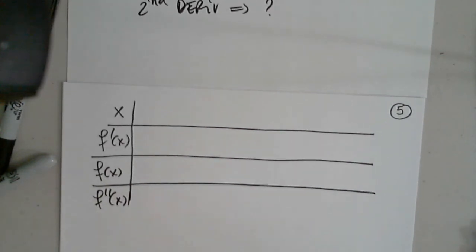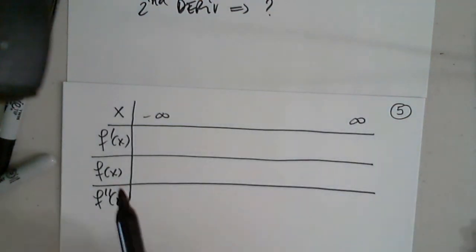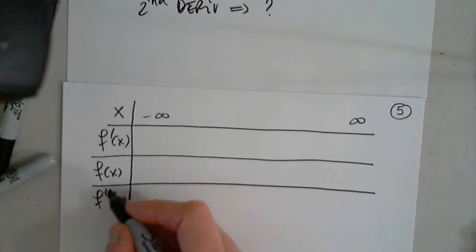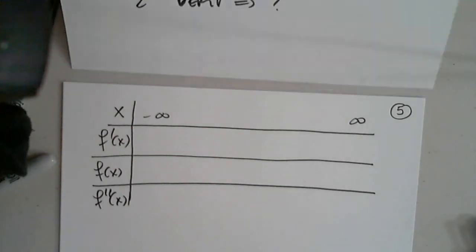Notice I have the domain on the first row, like we had before, the first derivative, the function. Now please note that the second derivative is the last row. I promise I will not add anything else to the table. This is it, moving forward. Just these 3 rows. Very good.